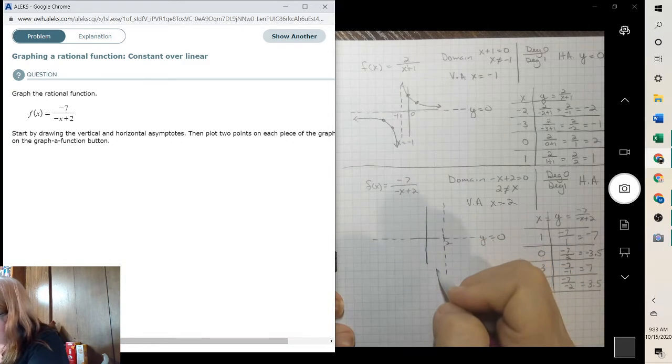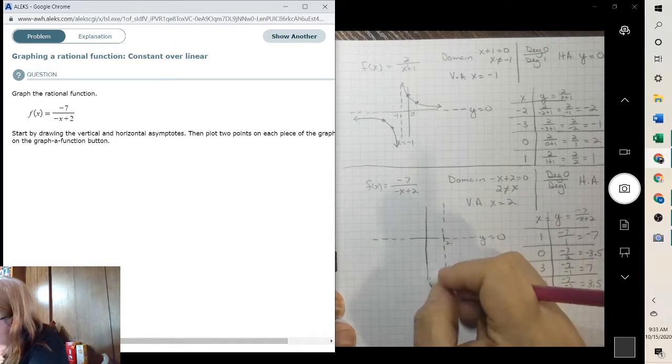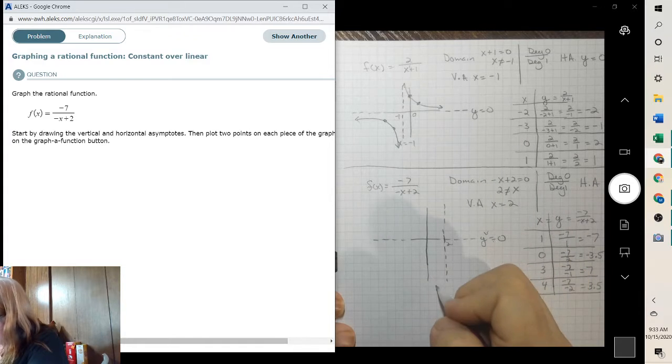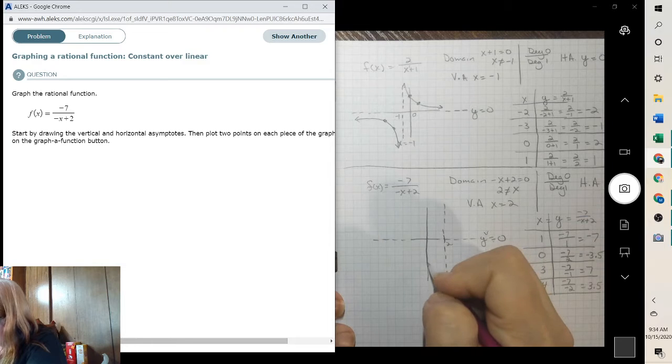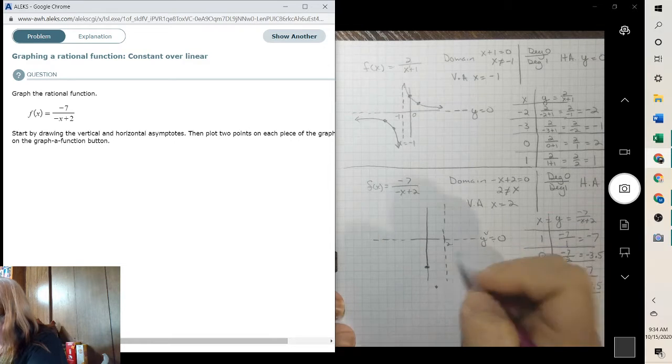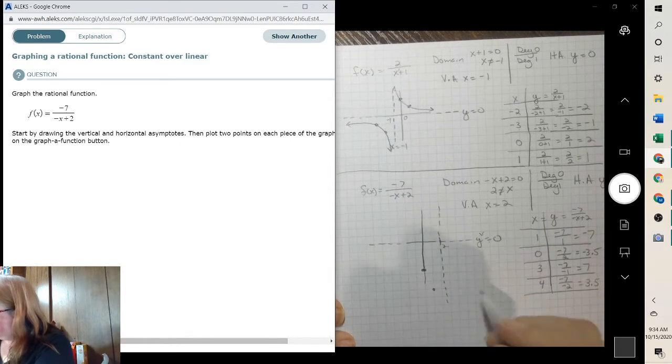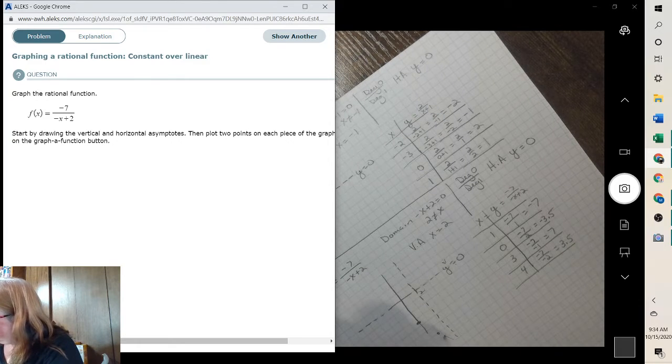1, -7, so it'll be way down here somewhere. Counting 1, 2, 3, 4, 5, 6, 7, right there. 0, -3.5, so here. So this one will approach these lines like that.